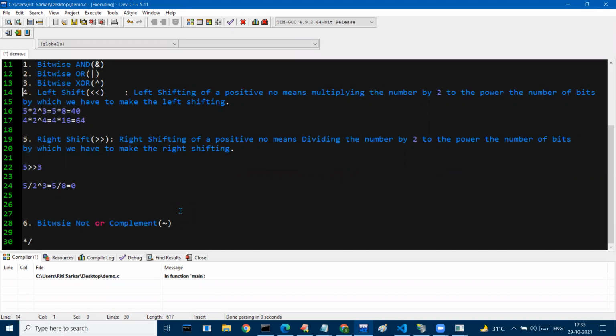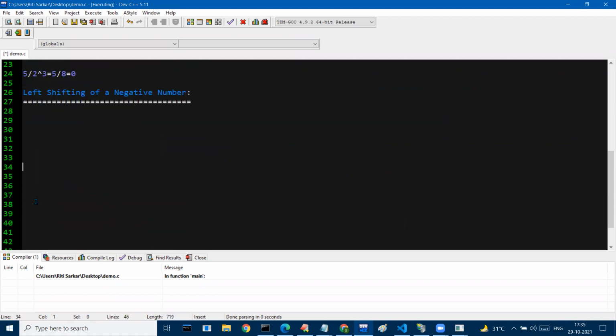Next, left shifting of a negative number and right shifting of a negative number. How to do that? Observe carefully. Before telling you about shifting of negative numbers, the complement operator will come into the picture. Left shifting of a negative number: how does it happen here?